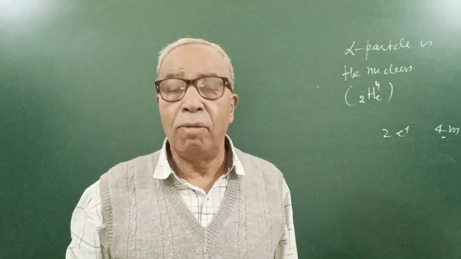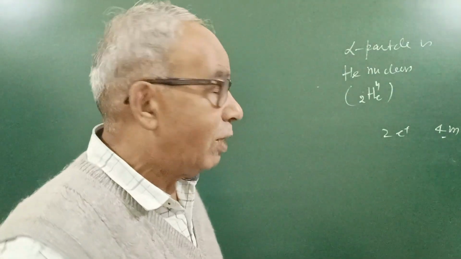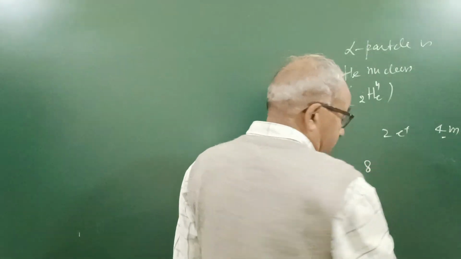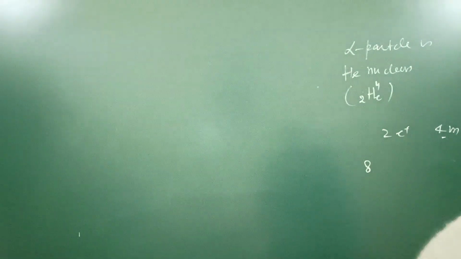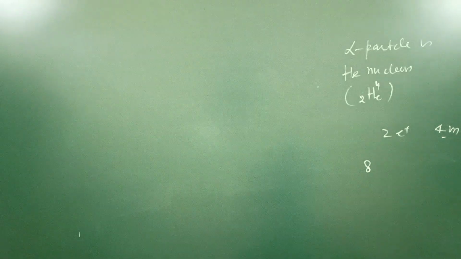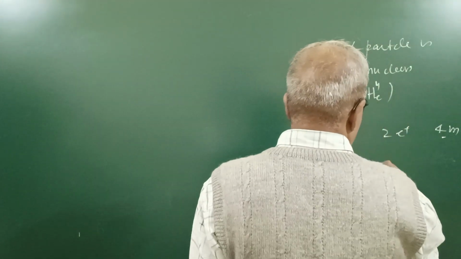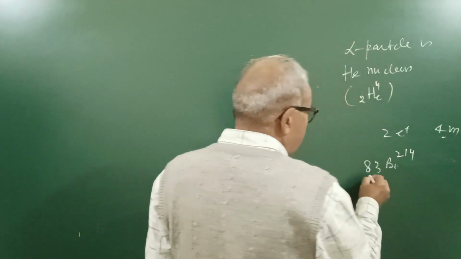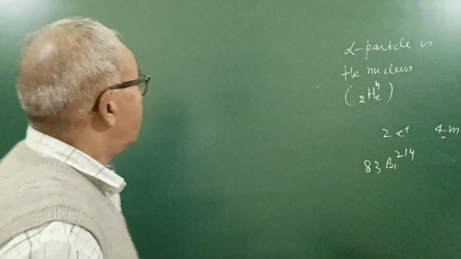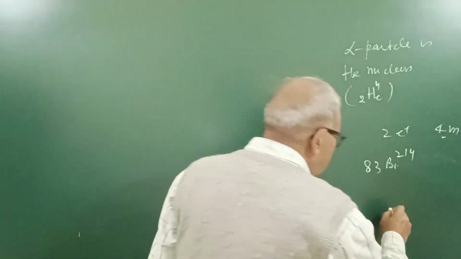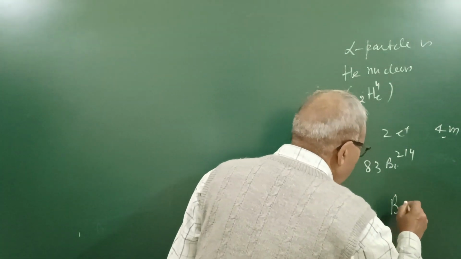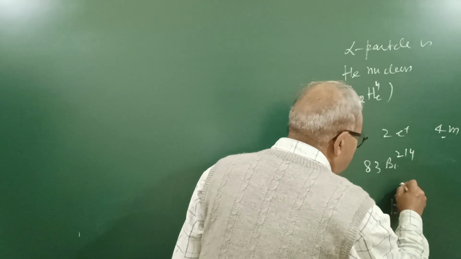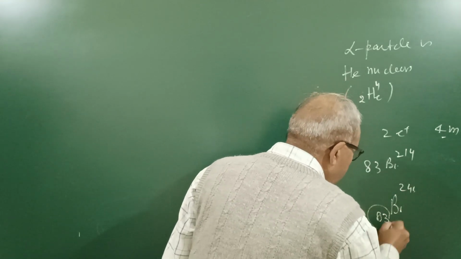These alpha particles were available from a radioactive element, bismuth, 83Bi214. For you it is a new thing, though many of you may know, and I will be telling you. The 83 represents the atomic number.